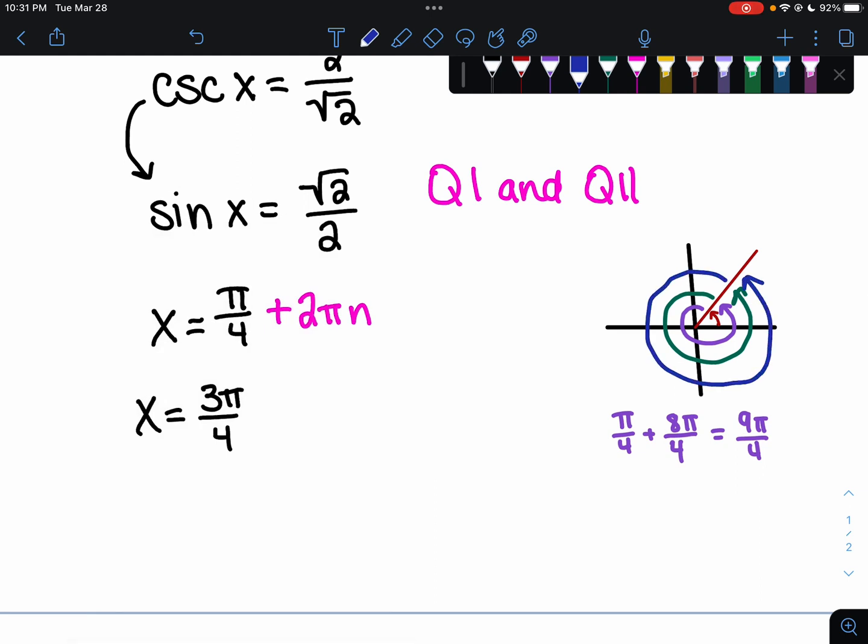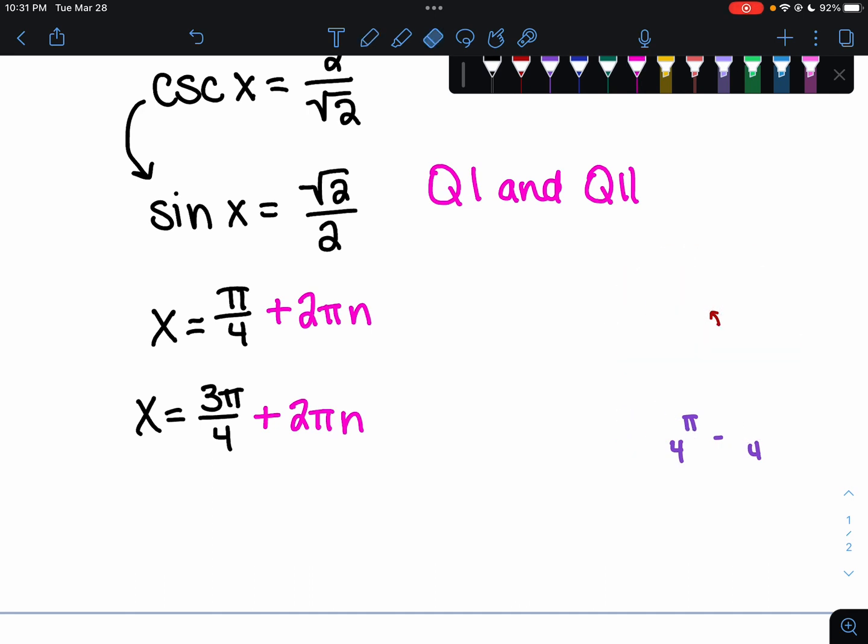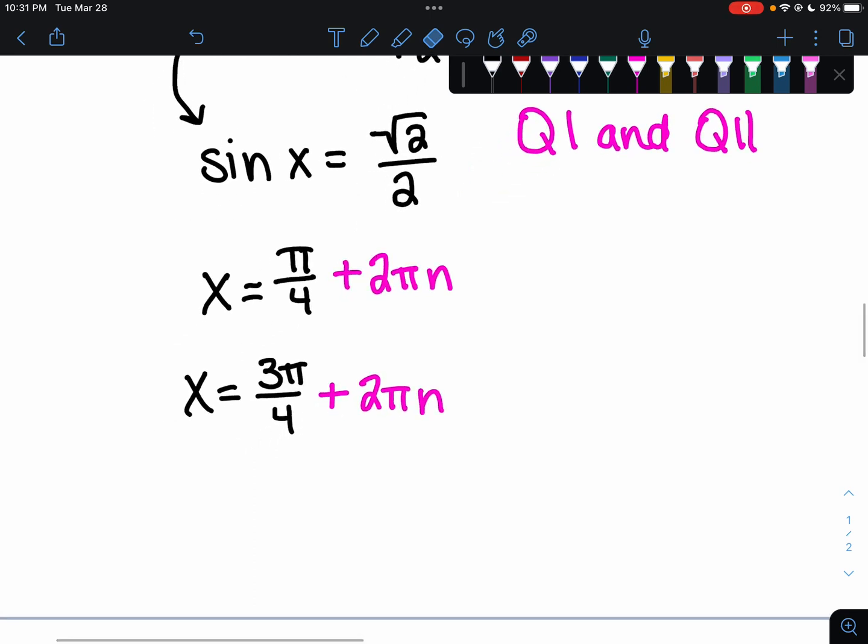It also works for negative angles. If I went in the negative direction all the way back around and got there, n could be that as well. So the whole point of that is to show you that there's an infinite number of possibilities, and we don't want to have to write out all of those possibilities. So we represent it just by adding 2 pi n to the answer.